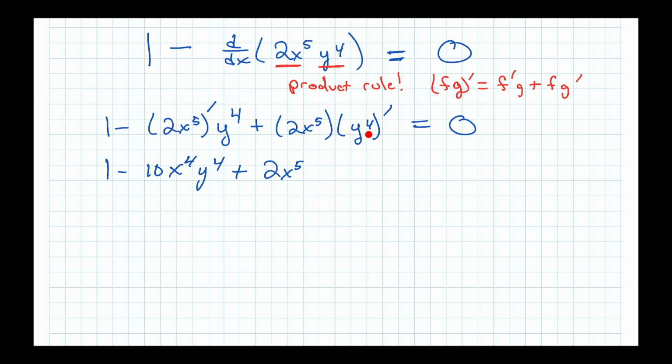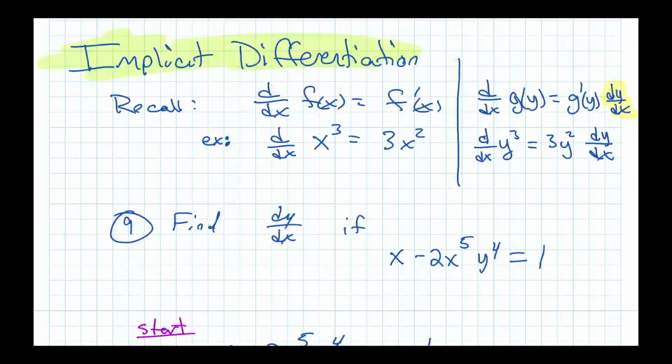And now we have y to the 4th prime. So this is the derivative of y to the 4th. The derivative of y to the 4th is 4y cubed. That's the power rule, but we just took the derivative of a y function, and we know that means you just throw a dy/dx on the end.